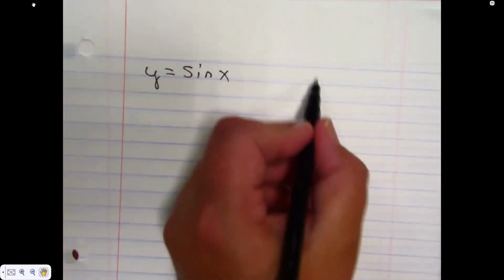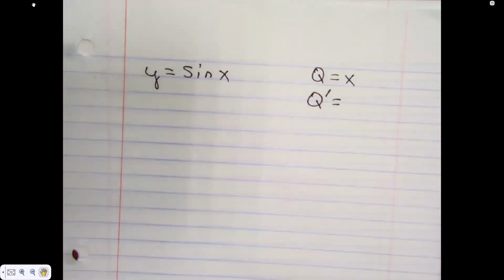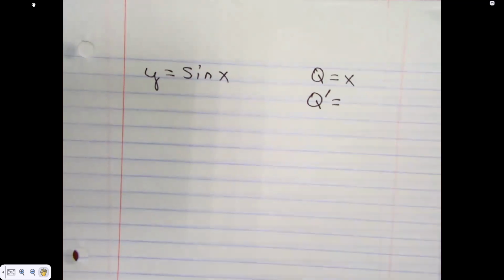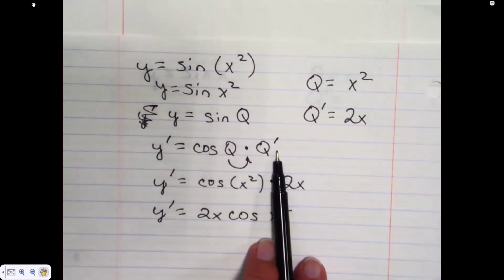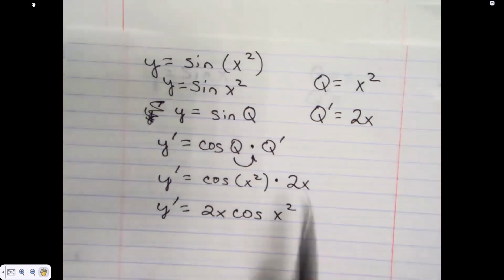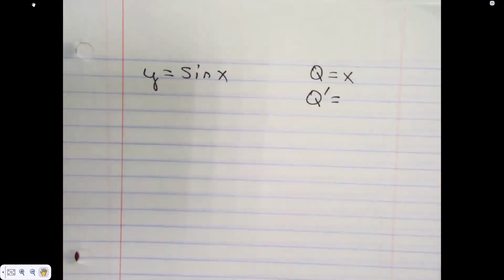Yeah, it is just an x, but how come? Well, let's say I let q be x. What is its derivative? 1. And so when I take it times the derivative, it doesn't really matter, right? Because I would be taking it times 1. So if it's really basic, if it's just x, I don't have to do this. But anything besides x, I need to think of it as a quantity.